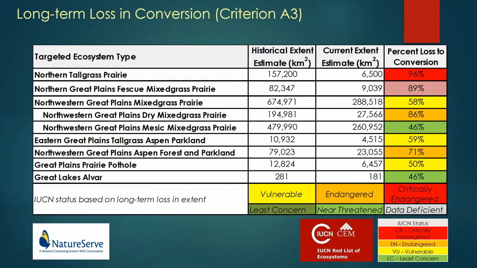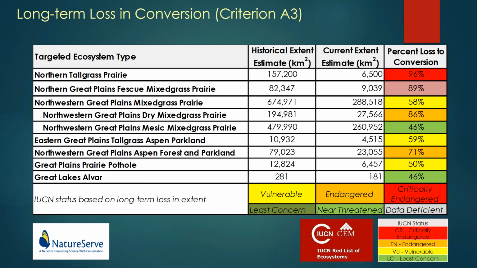But the mesic mixed grass prairie, which you might know, extends quite a bit into a lot of the United States, all the way down to Nebraska and Wyoming. There's quite a bit of that. That does not quite arrive at triggering vulnerable status. We estimate that at 46% loss.